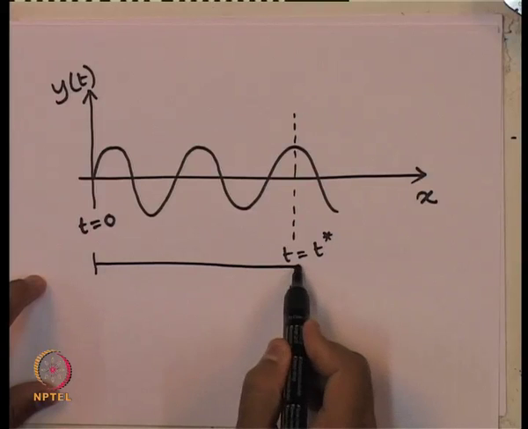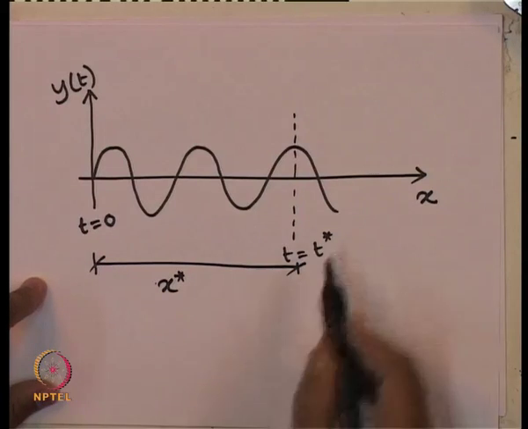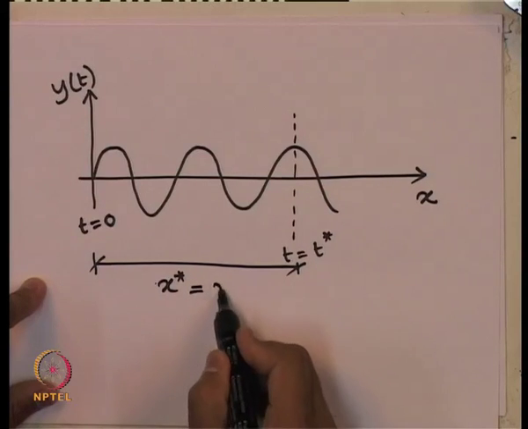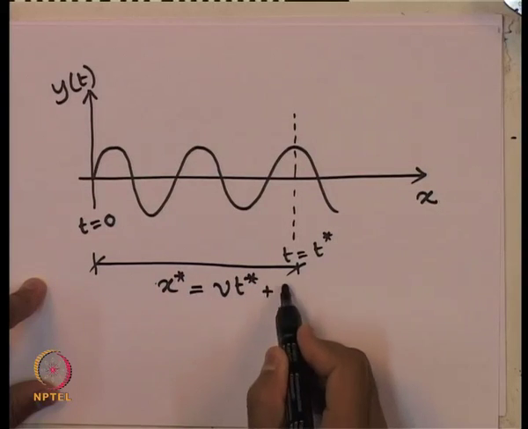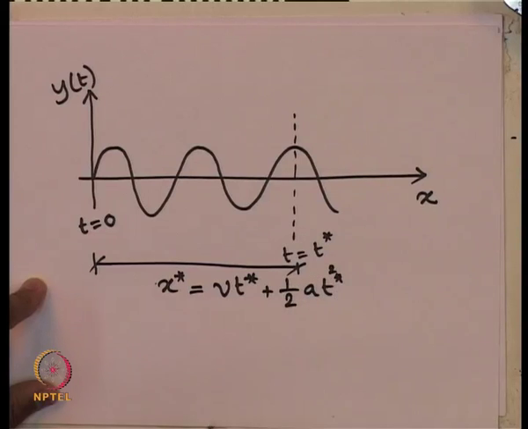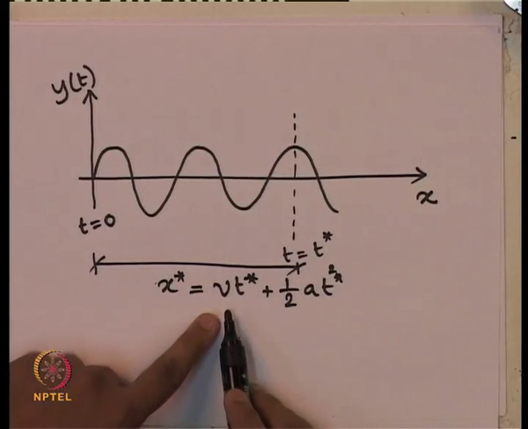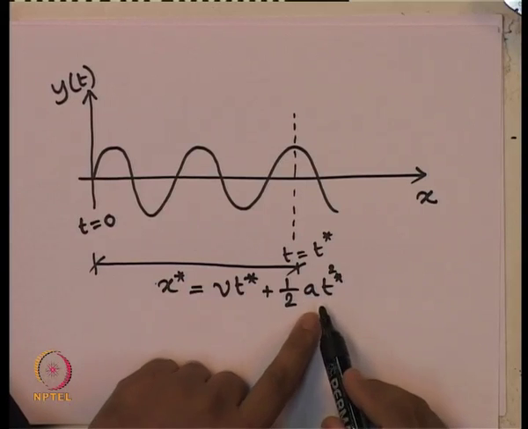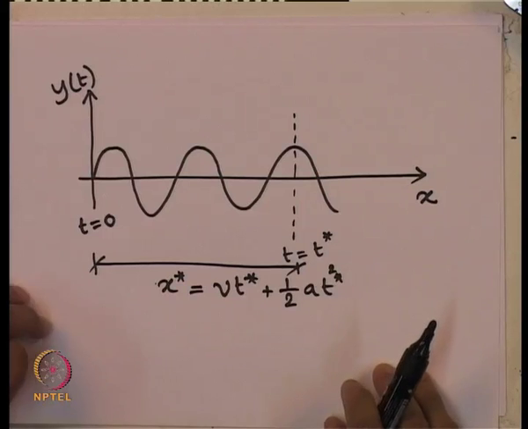That distance travelled by the vehicle should be v times t star plus half a t star square. The distance travelled by the vehicle is the velocity times time elapsed plus half of acceleration times time square. We know this equation.